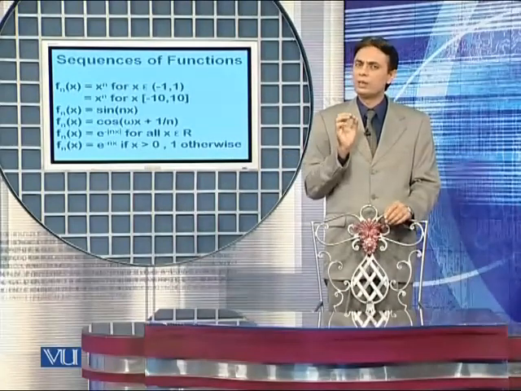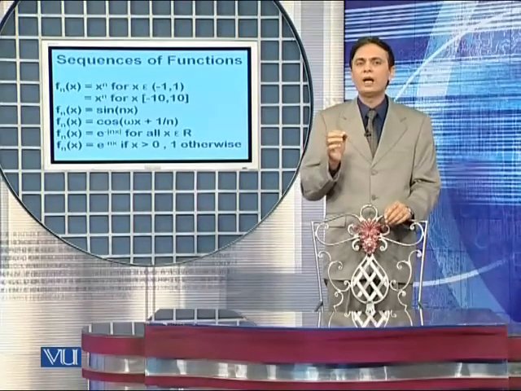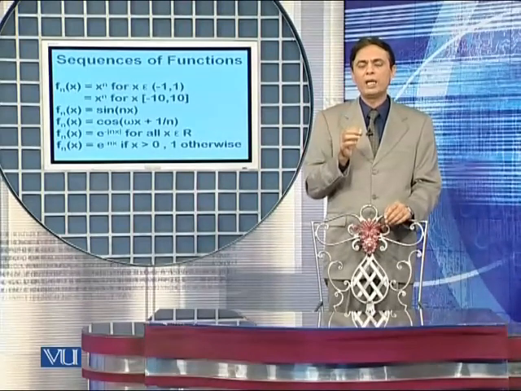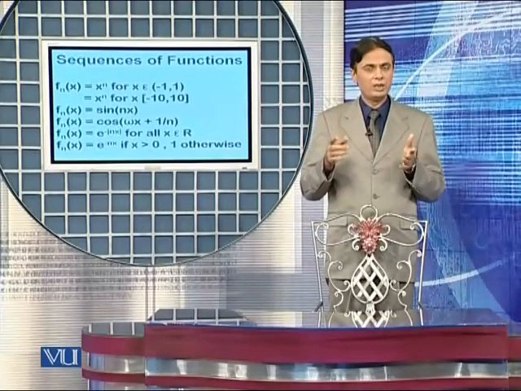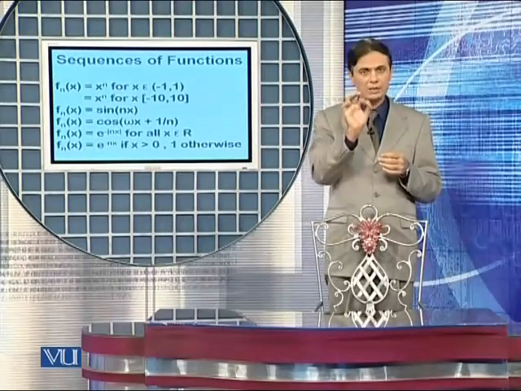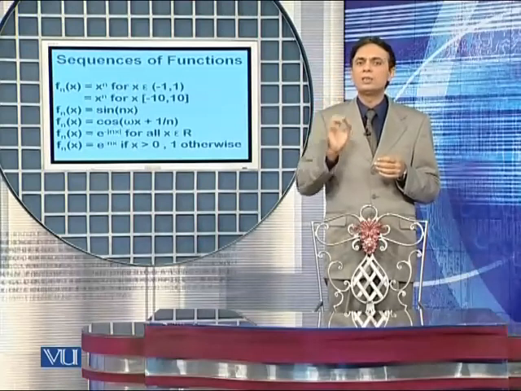What about the value of the function at 0? When you take n going towards infinity, a very large number, and you multiply it with x, if x is non-zero, then this number becomes larger and larger, and e raised to power minus of that very large number is 0.